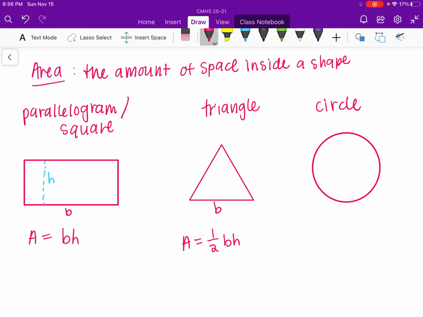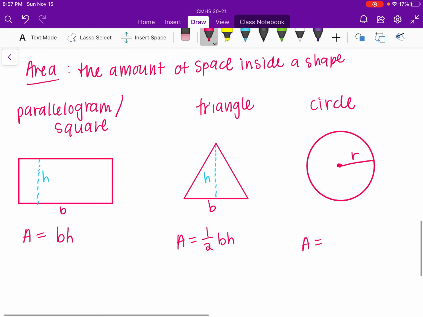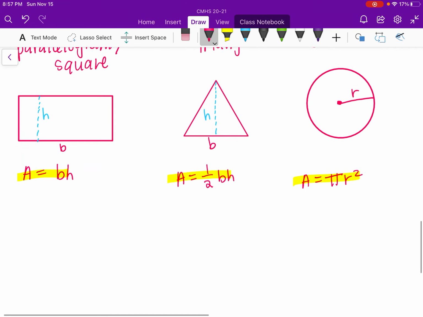So again, the base is simply the bottom, and the height is from the top right down to the bottom. Remember, for a circle, the radius goes from the middle out. So that's the radius. And the formula for this one is area equals pi r squared. All right, I'm going to highlight all these 3 because they are very important. And we're going to move on to our last example.